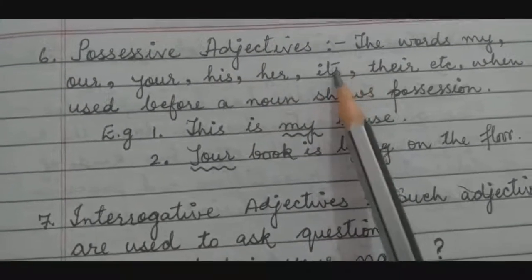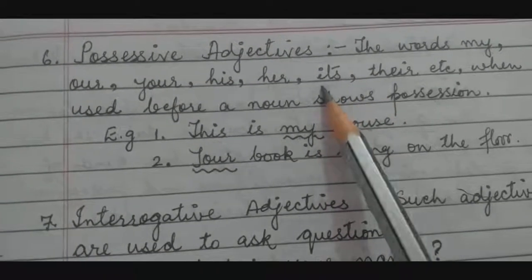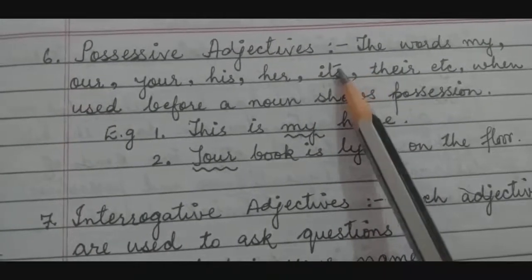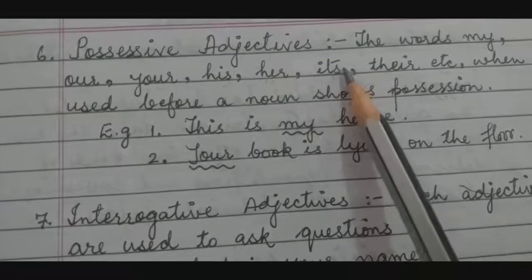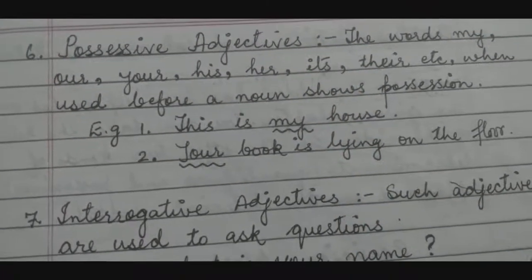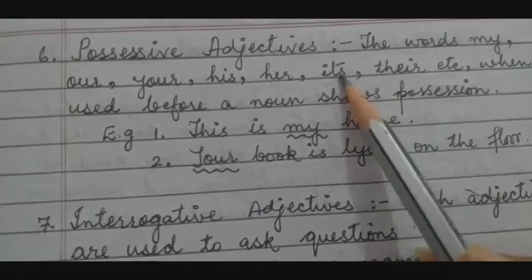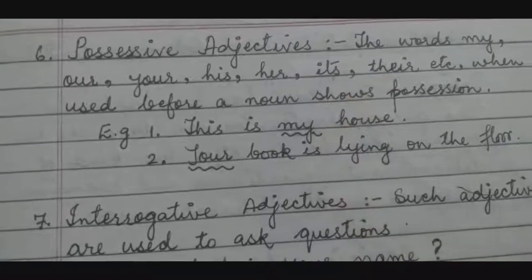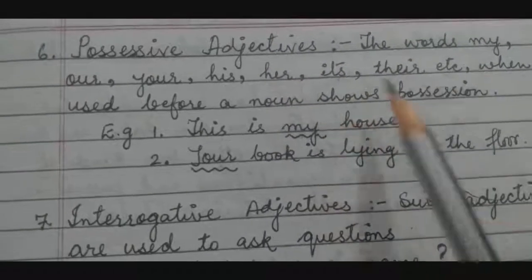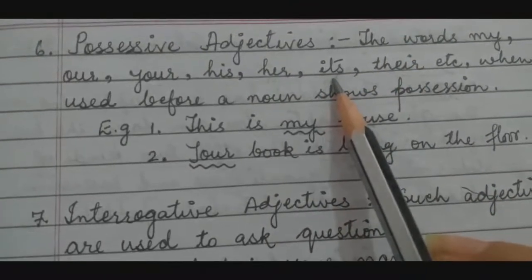Its is used for animals and nouns which have no life. The nouns which do not have any life, like house, stone, stick. For all these nouns we will use its.